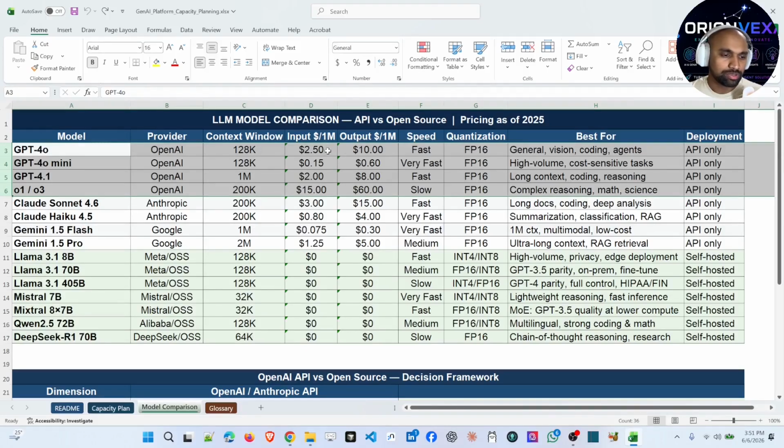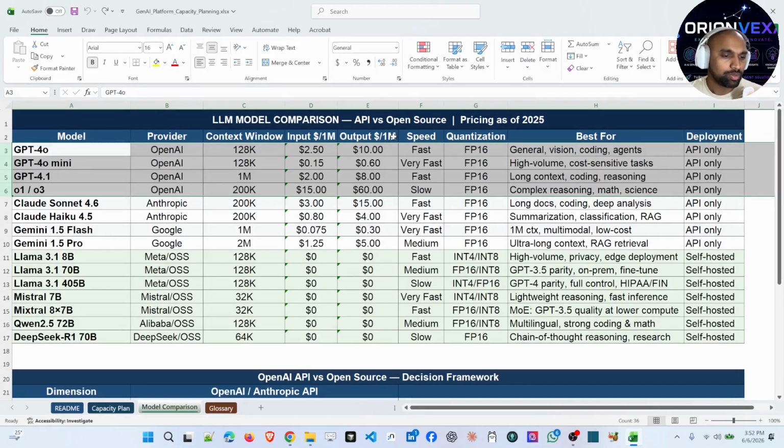For input cost per 1 million, GPT-4o is $2.50. For GPT-4o mini, it's well less, $0.15 per 1 million. GPT-4.1 input is $2, which is less than GPT-4o. Whereas O1, O3 input token cost is $15. It's very high.